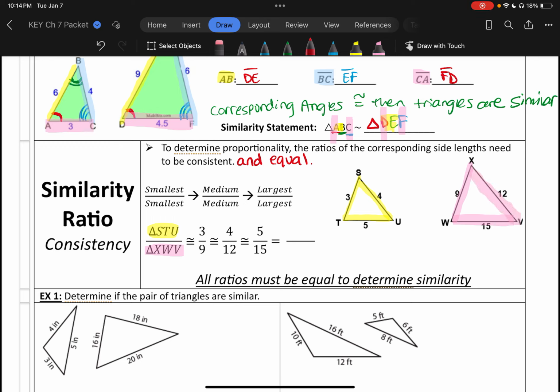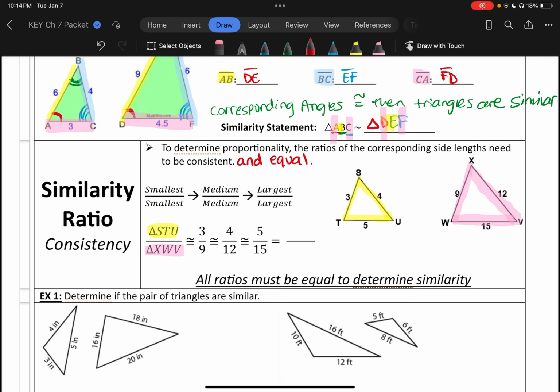And so now the way that we're going to set this up is we don't have a whole lot of information, and our job right now is to figure out what are my corresponding sides, right? We can do this by looking at the size of each side in the triangles individually.